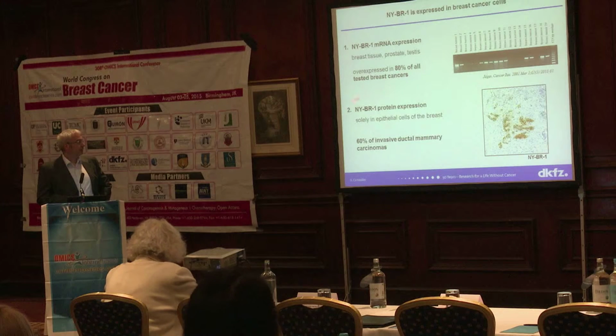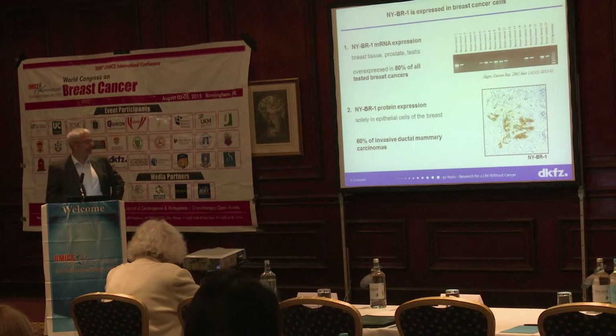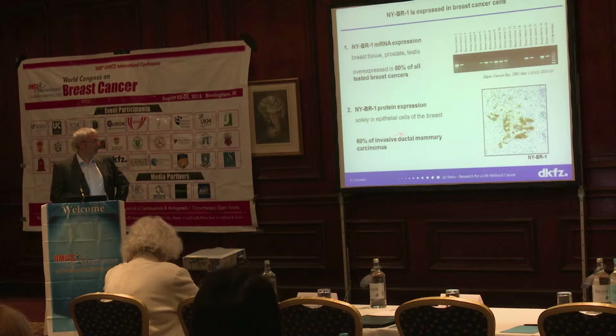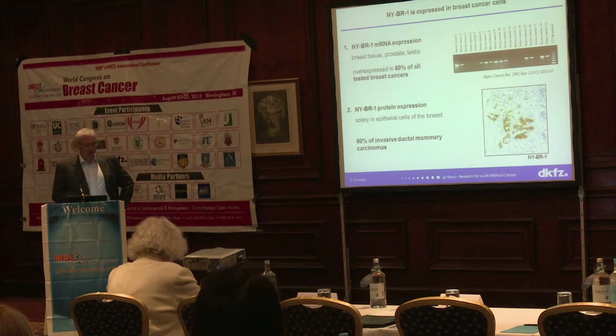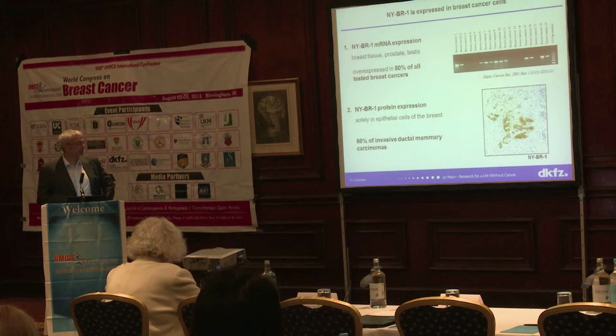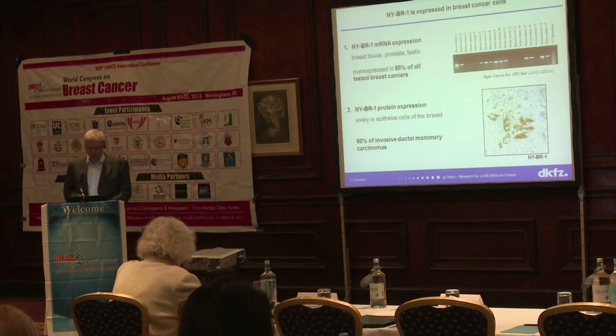It can be found also in normal individual epithelial cells of the breast, but only on a low level. It is overexpressed in ductal mammary carcinoma, and different studies have shown that around 60% of the cases are positive for New York BR1.